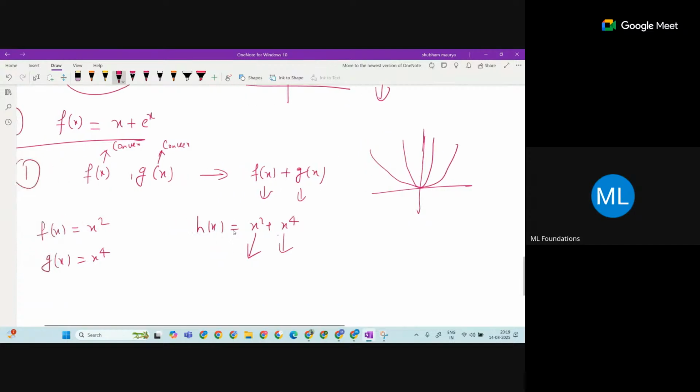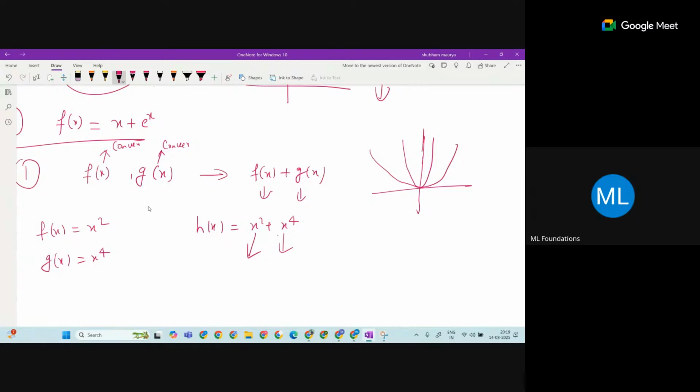Here the addition means you are just adding the functions term by term, but sometimes the addition can be defined differently. It depends on how the addition is defined. Here you are doing simple maths, not so deep.